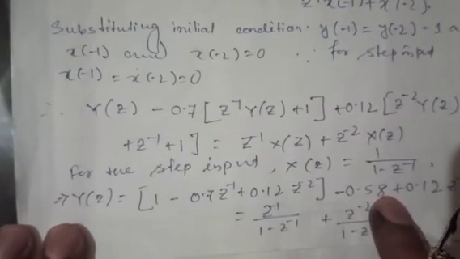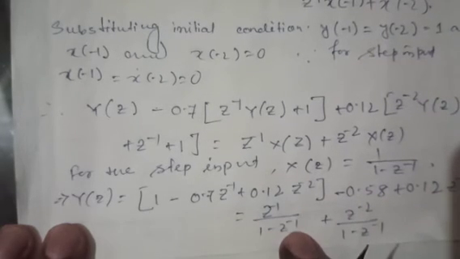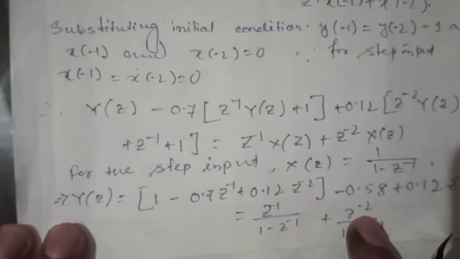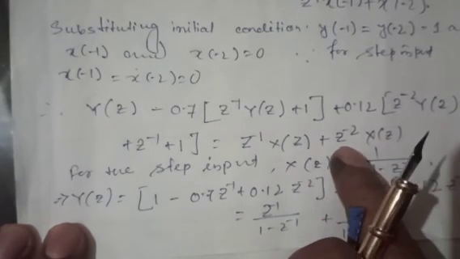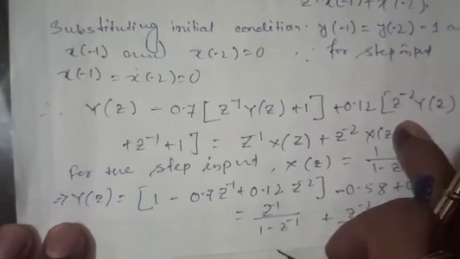So for that this minus 0.58 comes, and 0.12 z inverse, then z inverse by 1 minus z inverse and z inverse 2 by 1 minus z inverse, because of z inverse x of z and z inverse 2 x of z.